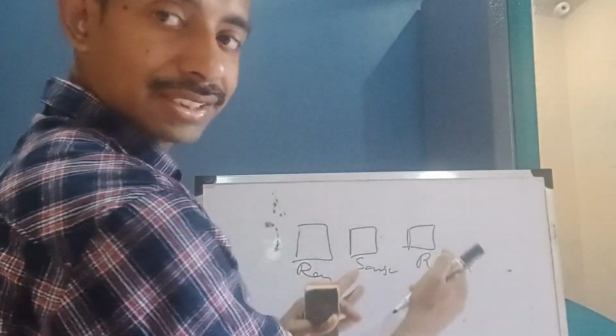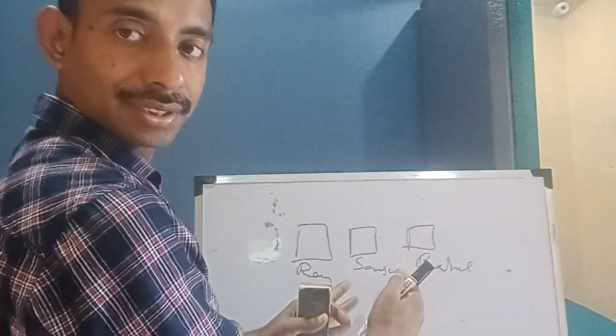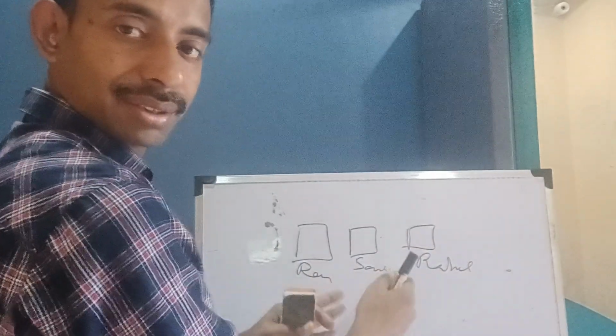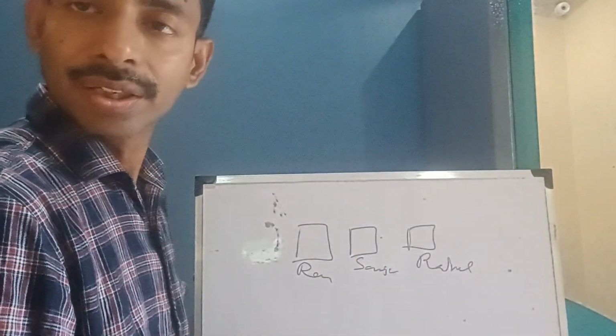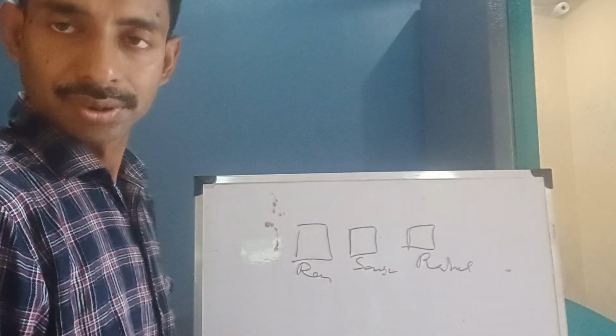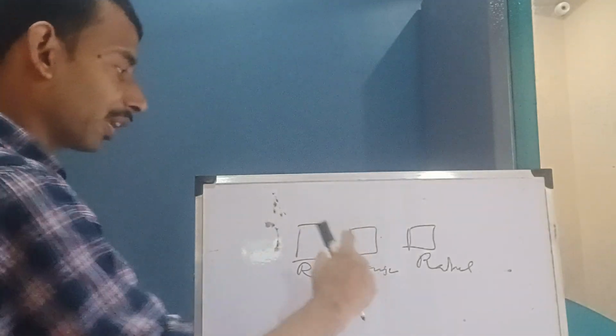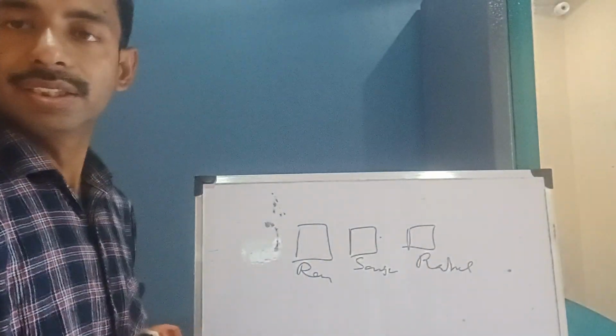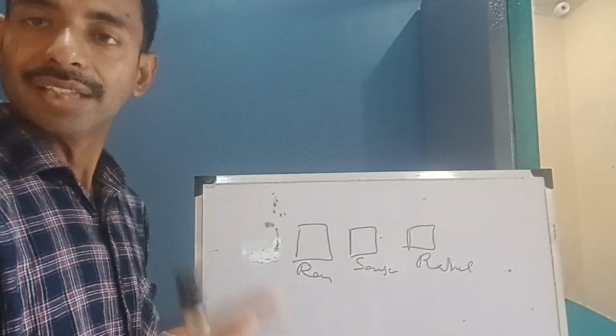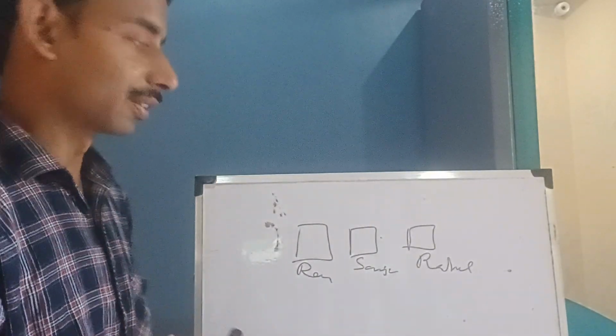Rahul is also a neighbor, but he is not an immediate neighbor. The nearer place is called the immediate neighbor. If 2-3 places are given, whichever is comparatively nearest would be the immediate neighbor.